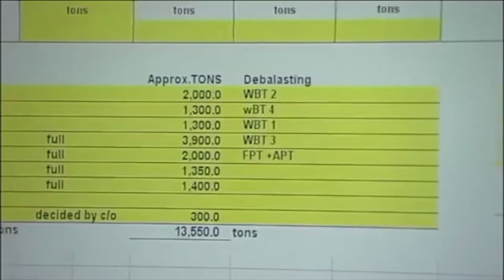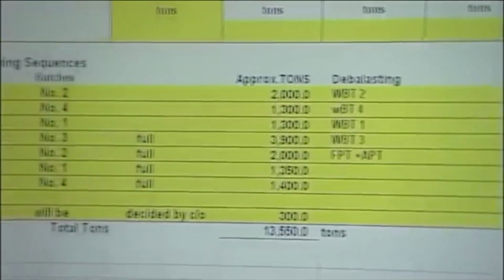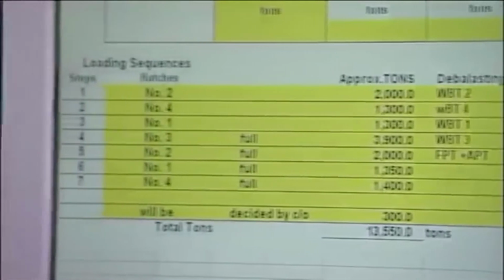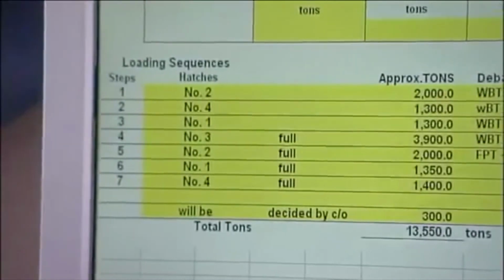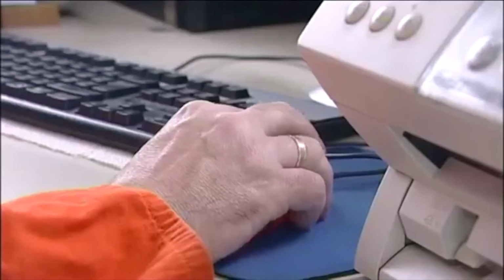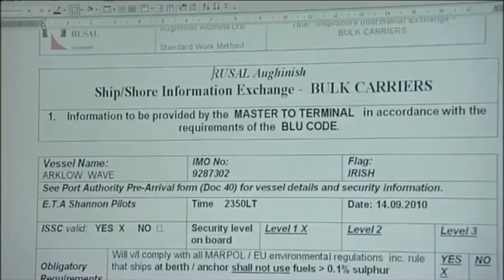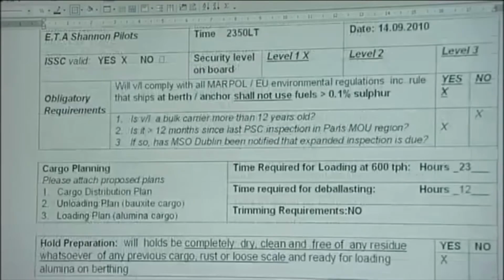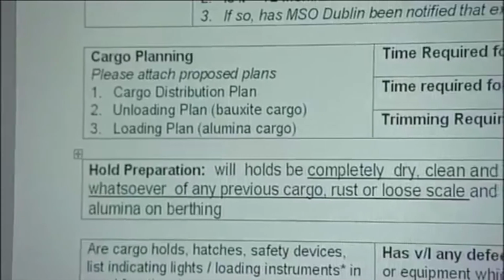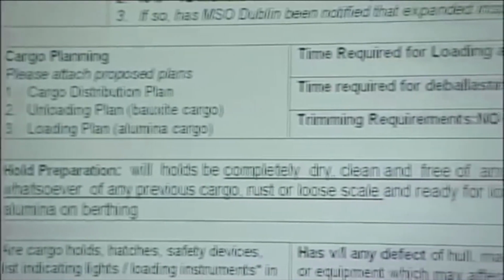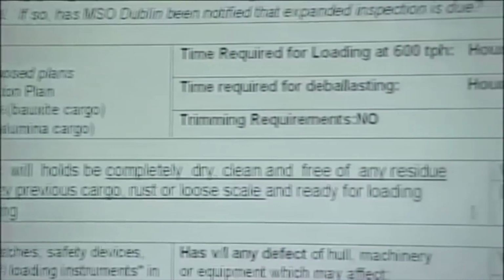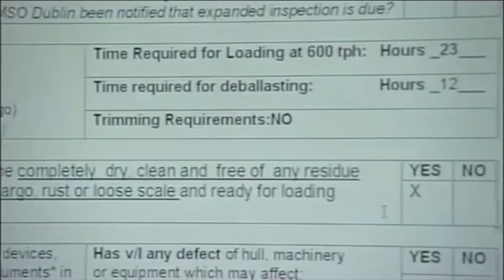Amongst other items, it should include the quantity of cargo and the number and order in which holds are to be worked. The ship should also provide details of its mooring and gangway arrangements, as well as confirming that holds into which cargo is to be loaded are clean and free from previous cargo residues.